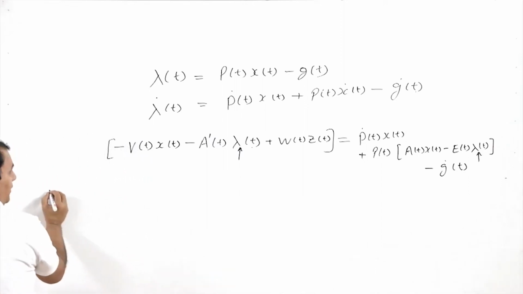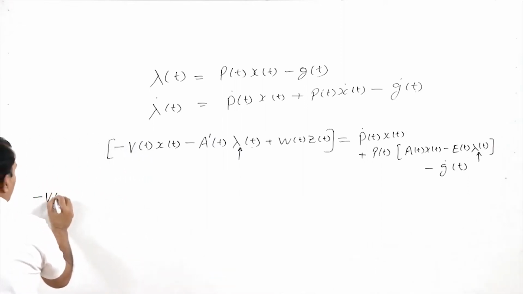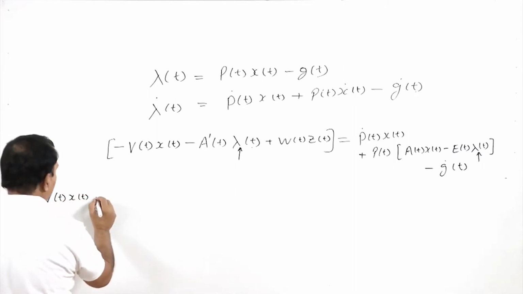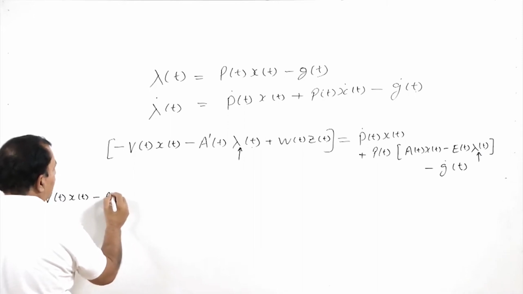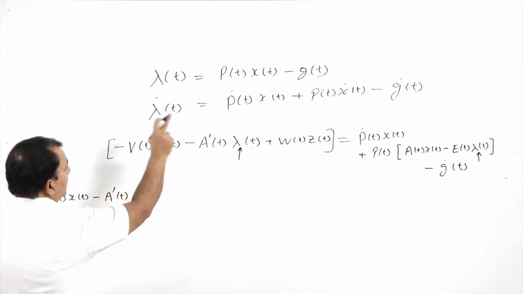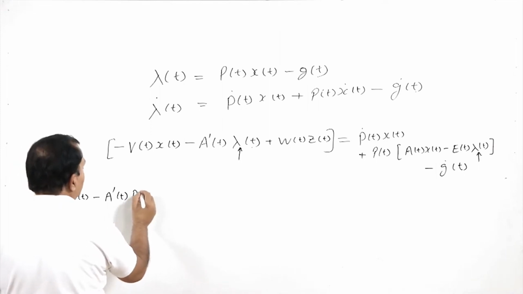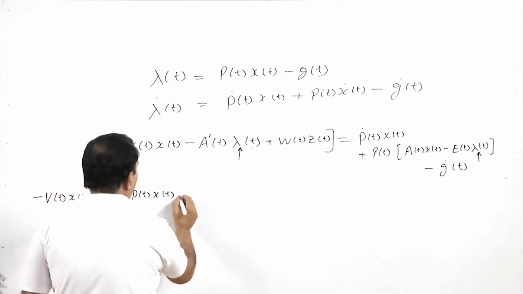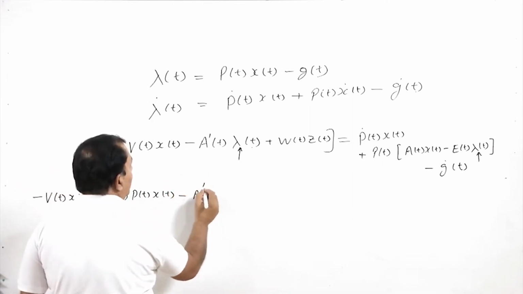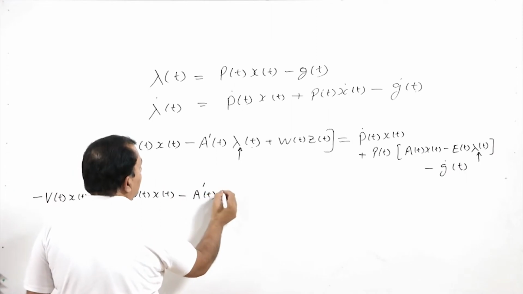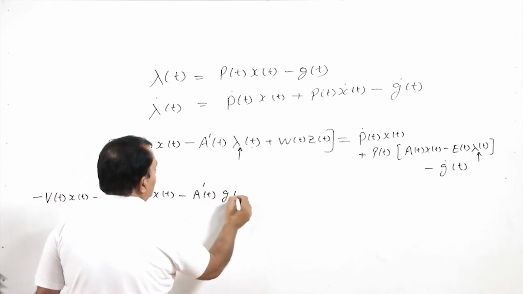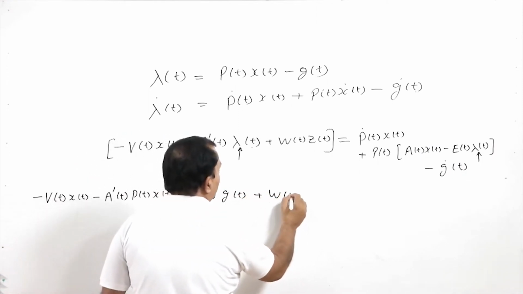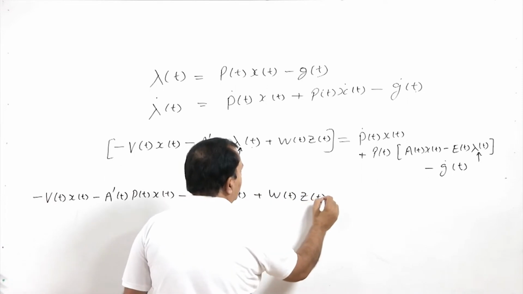So, my complete equation here will be minus V t x t minus a prime t p t x t minus a prime t g t plus W t z t.